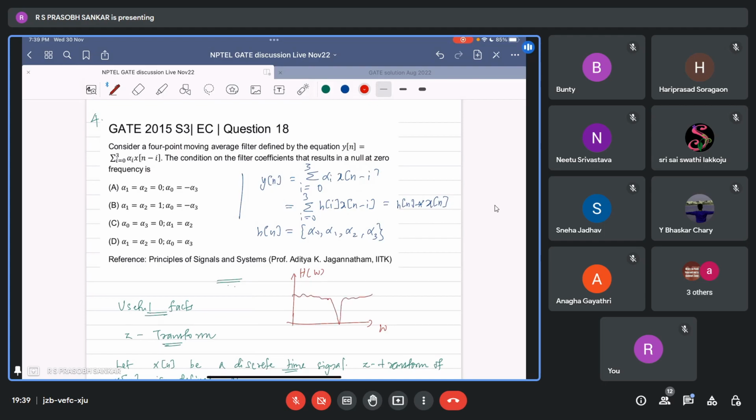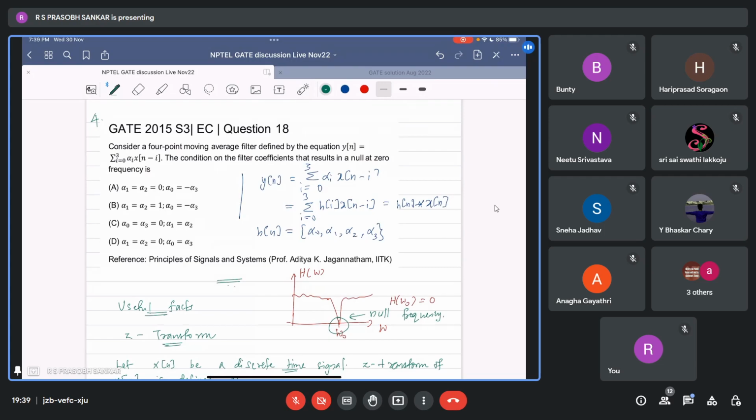Now, there will be certain places in the response where this omega naught will be exactly 0. So wherever we have the frequency response to be exactly 0, those points are known as null frequencies. So this thing is the null frequency.